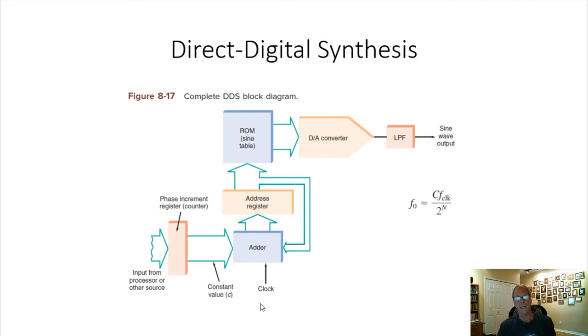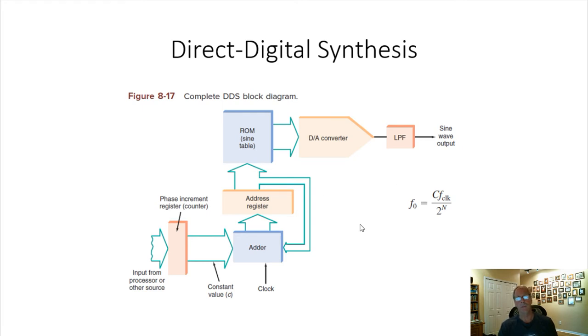You can also change the frequency of the clock, if your microprocessor is in control of that. So either one of those will do it: change the frequency of the clock, or change this constant so that the adder is adding more value to its result every clock cycle. So this is a very clever circuit, direct digital synthesis.